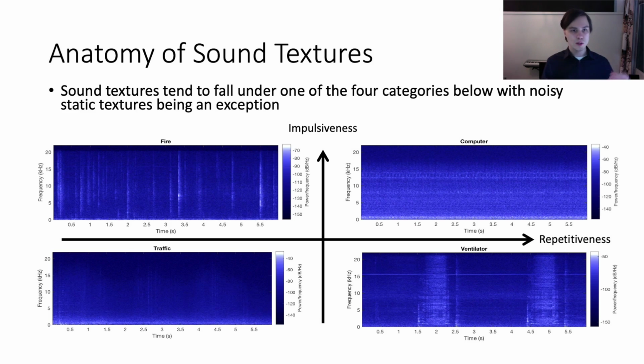They can be smooth and time-varying sources, like traffic noise with cars passing by. And we can have impulsive and repetitive textures, such as machinery, and smooth and repetitive textures, such as a ventilator, where we have a clear pulse, but the sound events are quite long.